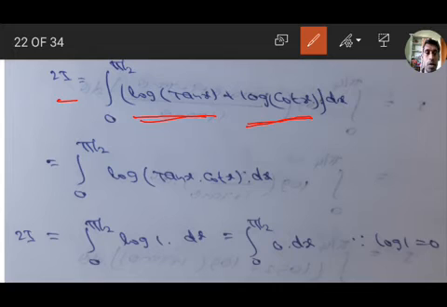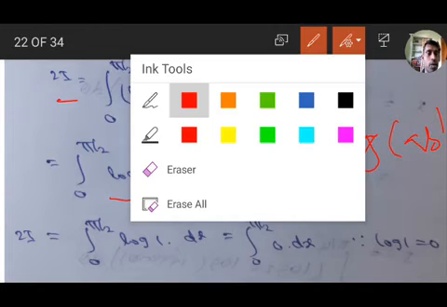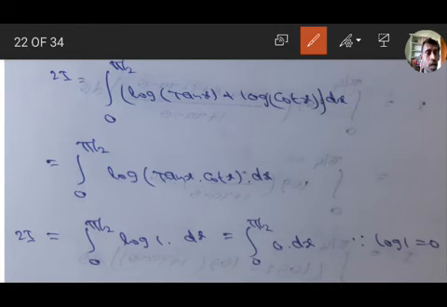So 2I equals the integral from 0 to pi by 2 of log of tan x plus log of cot x. Log a plus log b means log of a into b, where a equals tan x and b equals cot x. So log of tan x into cot x. Tan x into cot x means tan x into 1 by tan x.